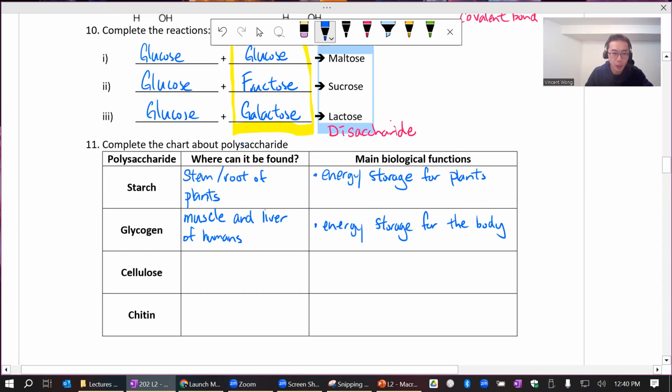Next, we have cellulose, which is the fibers, right? Fibers in plants. You also find it in the cell wall of plants. And the main biological function is to provide structural support.